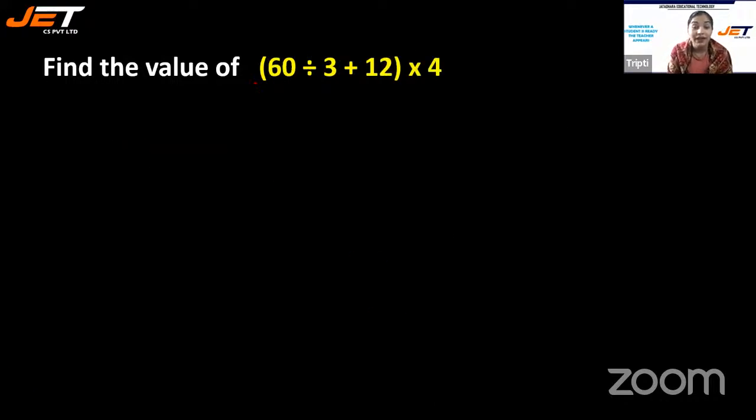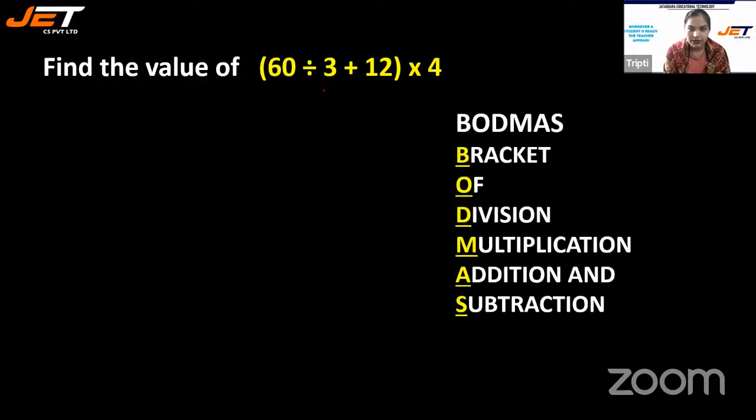Okay, now in the bracket we have two operations and 3 numbers. Solve it. Bracket of division, multiplication, addition, and subtraction.